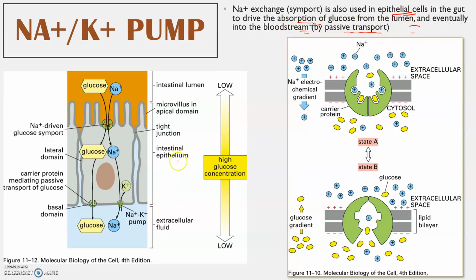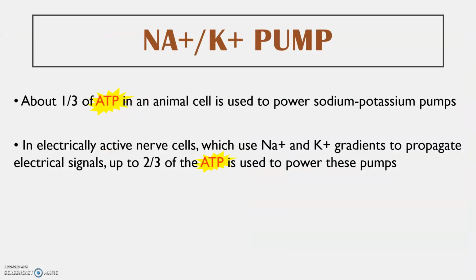So you can go through the figure here as you see how the sodium potassium pump is aiding in the absorption of glucose, right? This figure has been taken from the book Molecular Biology of the Cell, the 4th edition. You can go to it if you want to have a broader scope of things.